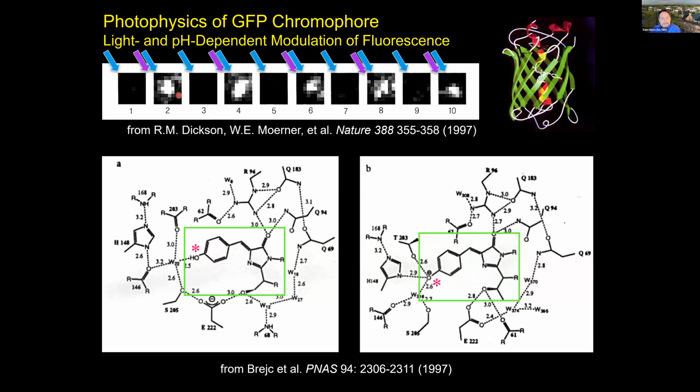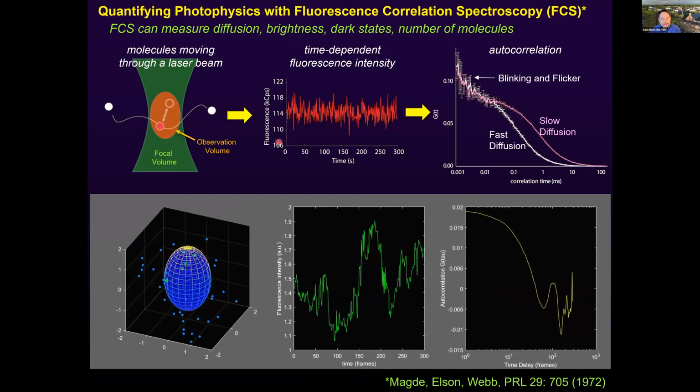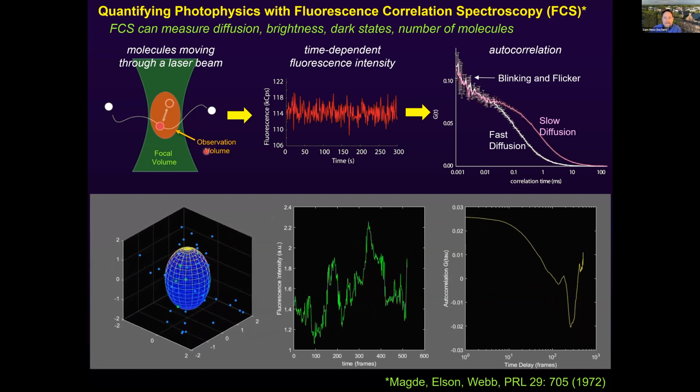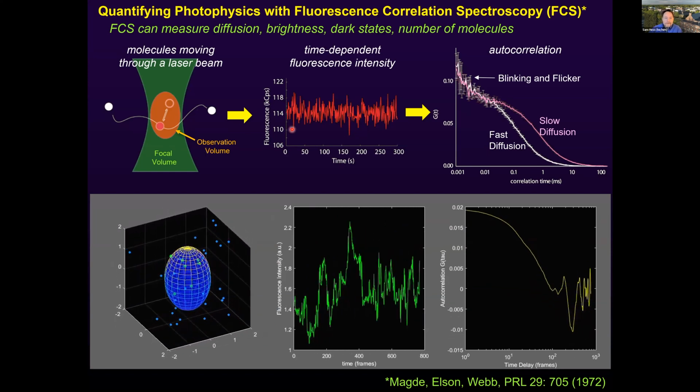And W. Moerner showed interconversion of individual GFP molecules between bright and dark states using different wavelengths of light. This was very intriguing to me. And I could see that studying the photophysics of GFPs could be very useful.